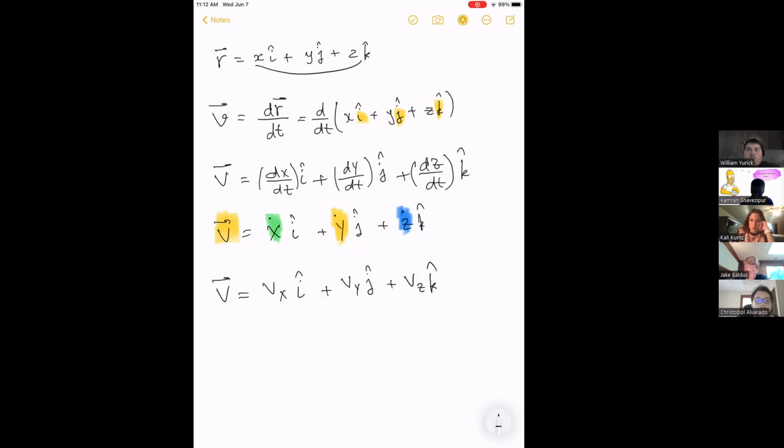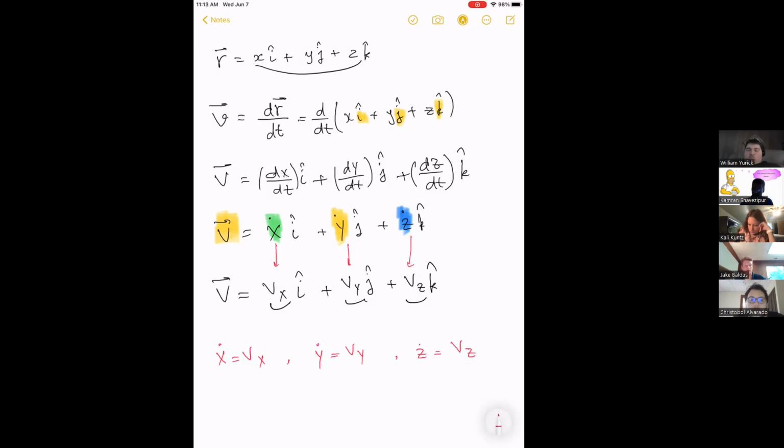So technically, vx is the component of velocity in the x direction. Vy is the component of velocity in the y direction. And vz is the component of velocity in the z direction, regardless of whatever the vector is, right? Now, if you compare these two, you see that this and this are the same, which means x dot is the x component of velocity, y dot is the y component of velocity, and z dot is the z component of velocity.